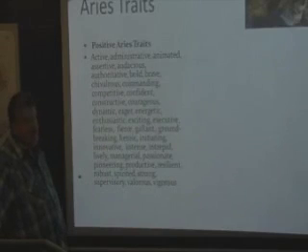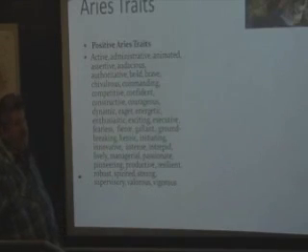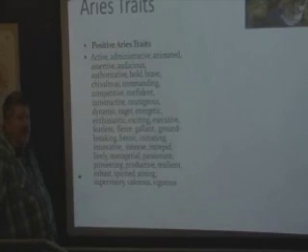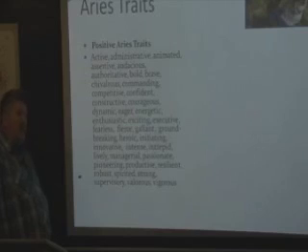I thought garnet or a redstone. I thought amethyst was for Pisces. It depends on the system. You'll find every system has different rulers. So depending on what system you learn first, you'll probably go with those gem rulerships.